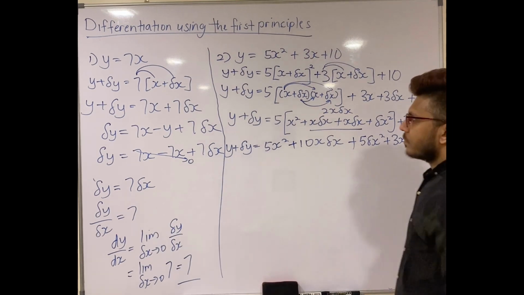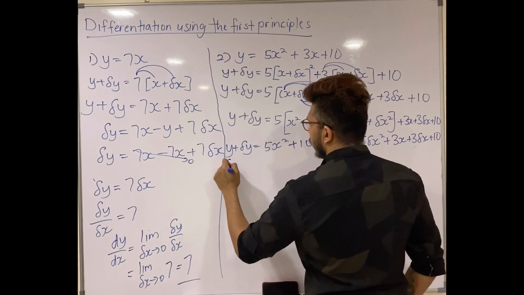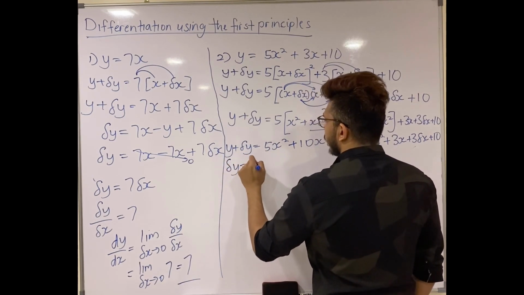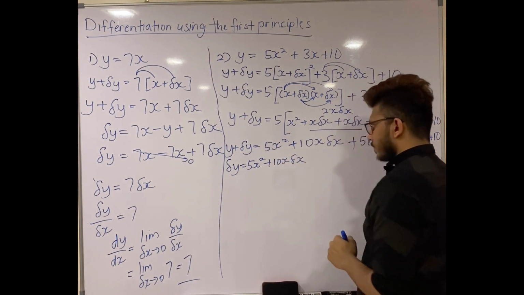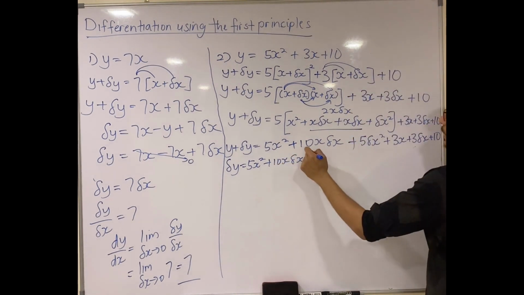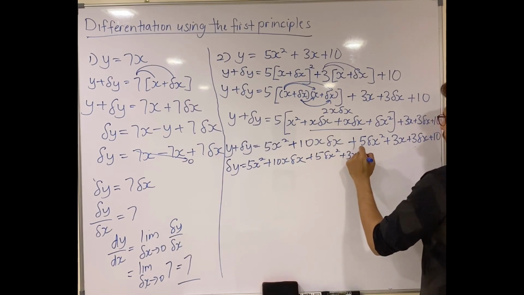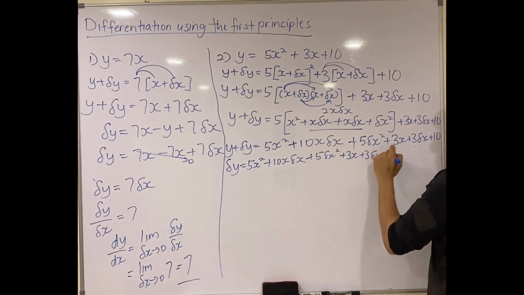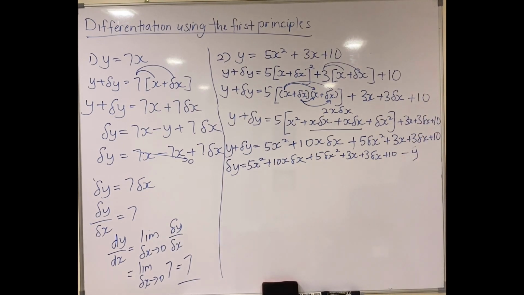Now next step, we are going to bring that y the other side. So delta y is going to be 5x squared plus 10x delta x plus 5 delta x squared plus 3x plus 3 delta x plus 10 minus y. Now what are we going to do with this y?